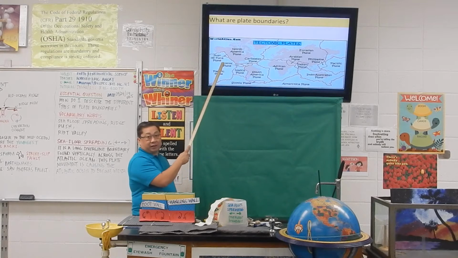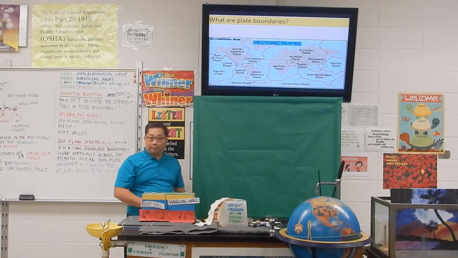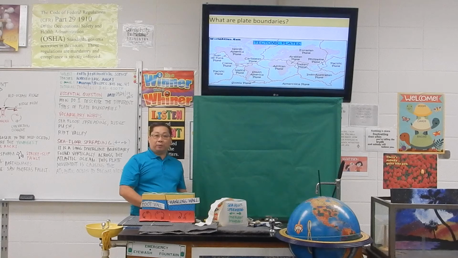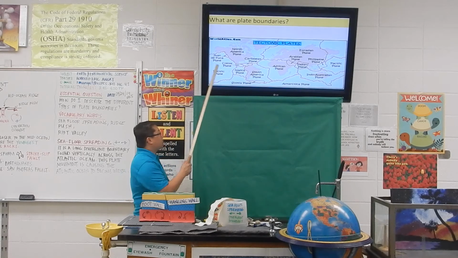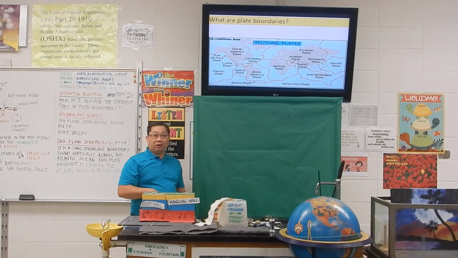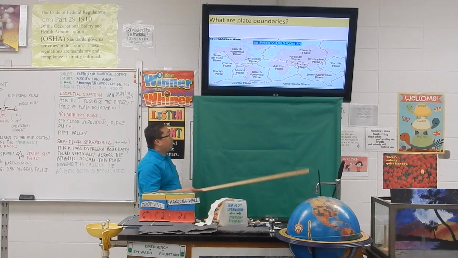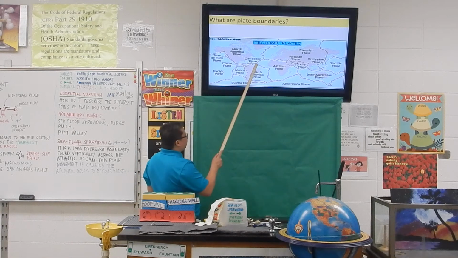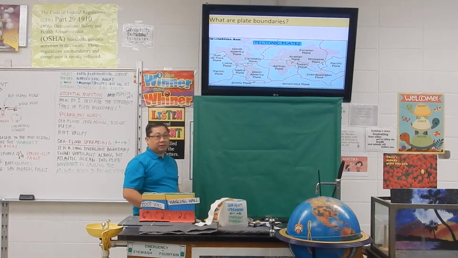Subduction happens in this area, and that is where Benioff zones are located that produce shallow earthquakes. There are a lot of active volcanoes here. 75% of active and dormant volcanoes are found along the Pacific Ring of Fire, around the Pacific Ocean.